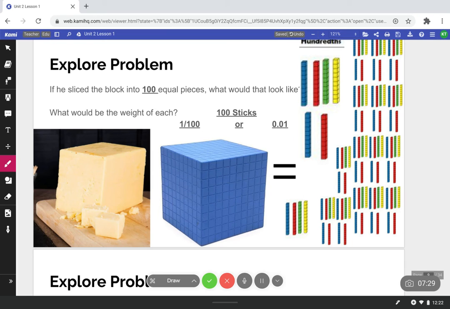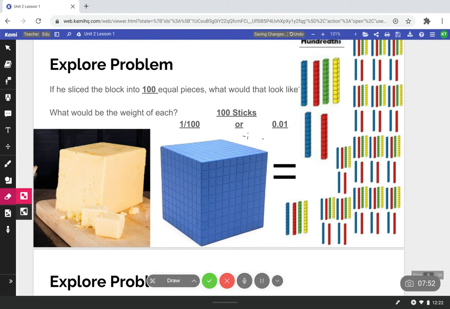So we could have done this. I can see that there are 10 slices, and each slice has 10 sticks. So 10 times 10 equals 100. There are 100 sticks in the entire block of cheese.